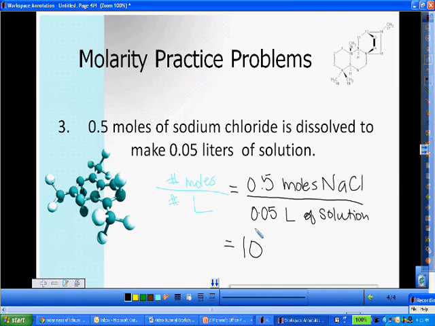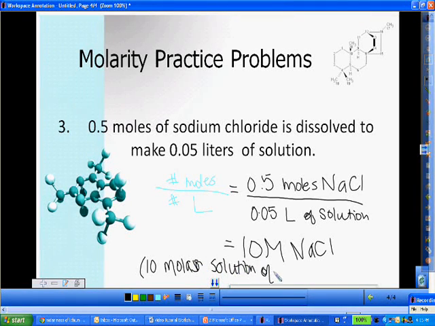Now remember, what is the unit for molarity? It is a capital M. And so here we would say you have a 10 molar solution of sodium chloride, and I'm going to write that out down here: a 10 molar solution of sodium chloride.